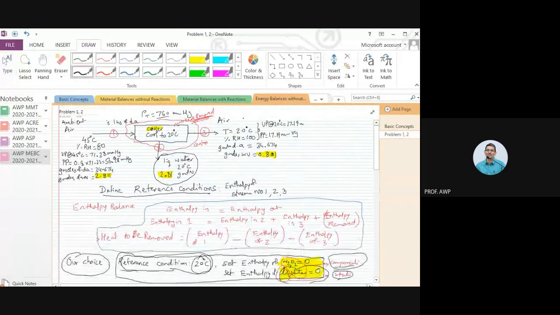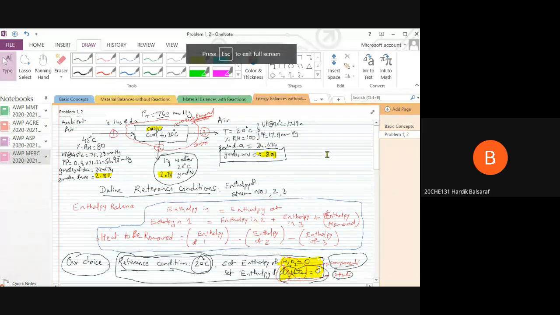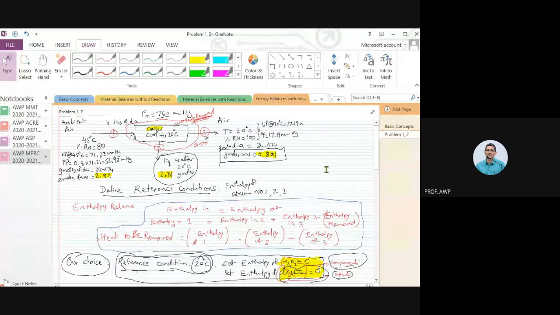Nitrogen at 20 degrees centigrade, oxygen at 20 degrees centigrade, but stream number 3 has water vapor at 20 degrees centigrade. Do you agree? Yes, sir. Who was saying 0? Sorry, by mistake, sir. No, doesn't matter.